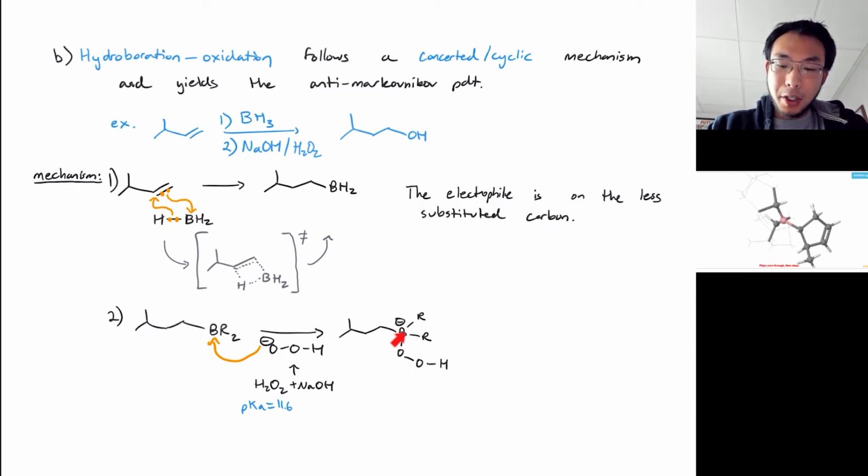Because there's negative charge here, and there's an unstable oxygen-oxygen bond, we get a rearrangement type of process where the carbon-boron bond is going to hop over to form a carbon-oxygen bond instead, and at the same time that will cause a hydroxide to be the leaving group. There's some sort of analogy to what happens during bromination and also in oxymercuration, where it looks like you have a three-membered ring transition state and a leaving group leaving.